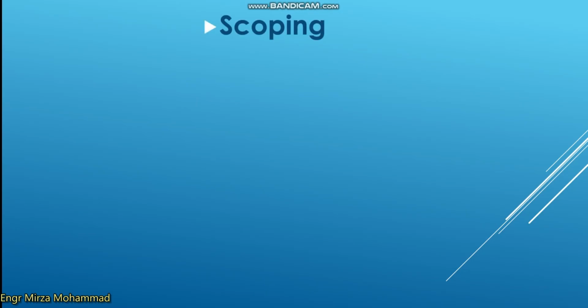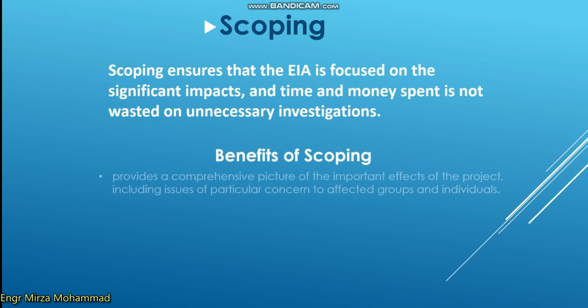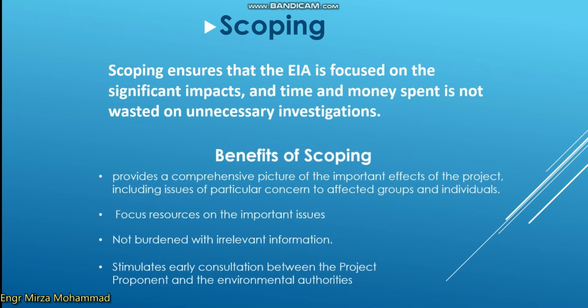So now we will discuss scoping. So far we have discussed screening, and after screening we have to do the process of scoping. We know that screening focuses more on the scale, the environmentally sensitive factors, and the overall environmental impact the project has on human beings, ecological balance, biodiversity, etc. But scoping gives us a narrower vision because it focuses on the key elements of the environmental impact.